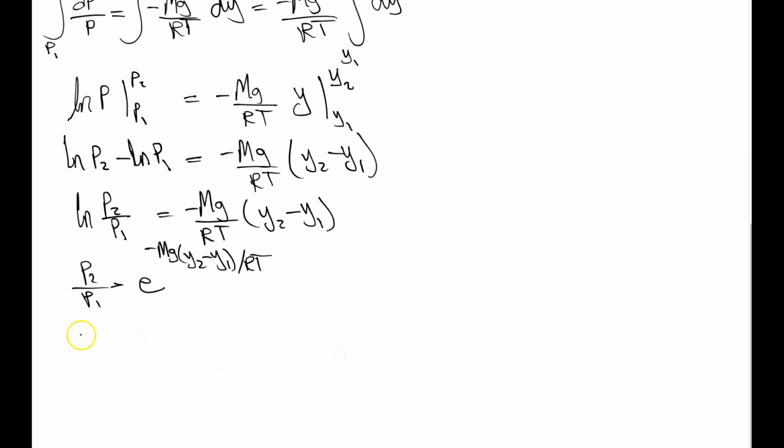And finally, P2 equals P1 e to the minus mg (Y2 minus Y1) over RT.